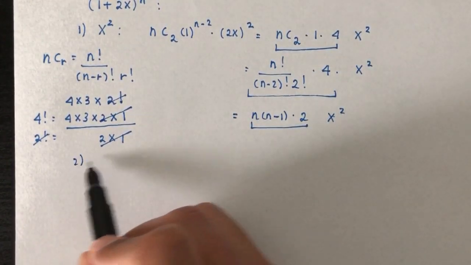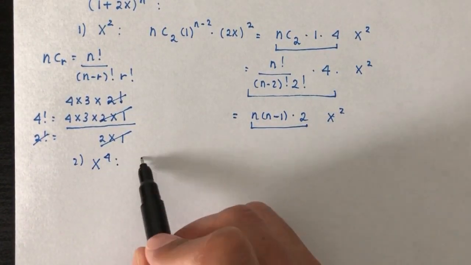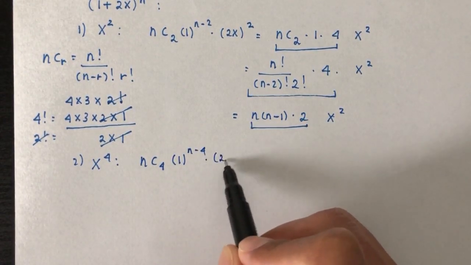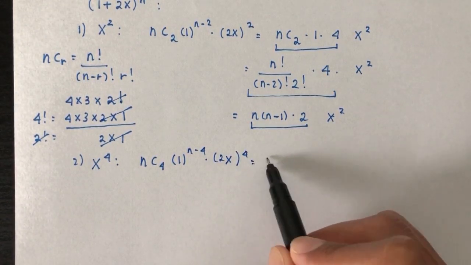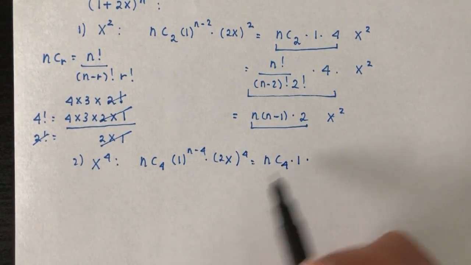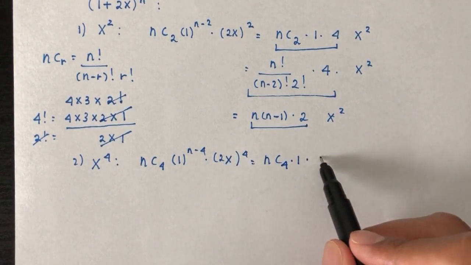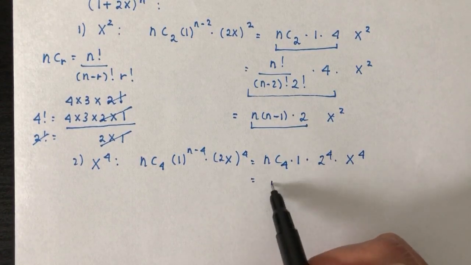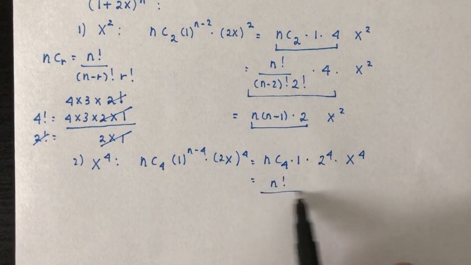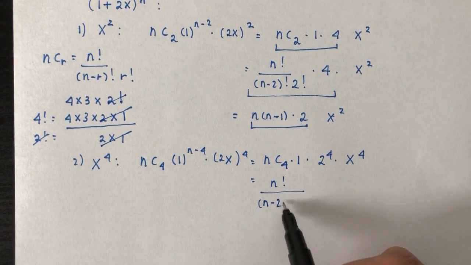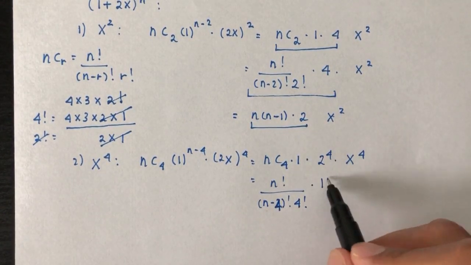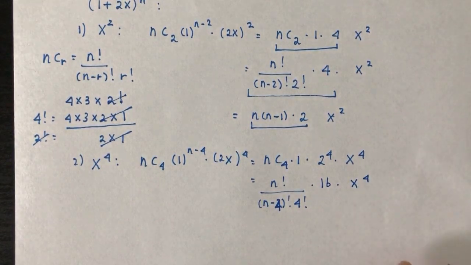Now for part 2, coefficient of x power 4. So that will be n choose 4, 1 power n minus 4, times (2x) power 4. So n choose 4 times 1, and then this one will be 2 power 4, x power 4. So this one here will be n factorial divided by (n minus 4) factorial and 4 factorial, times 16 x power 4.